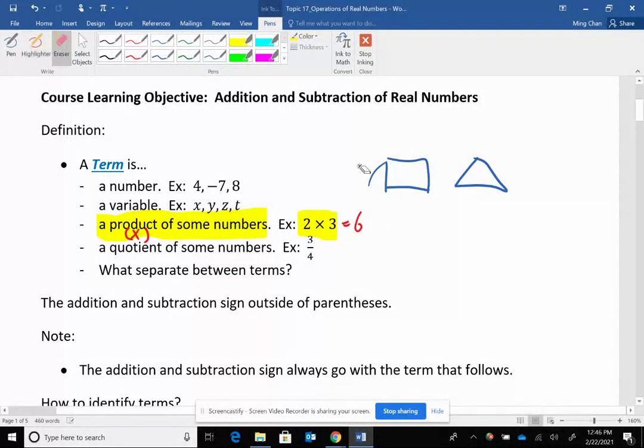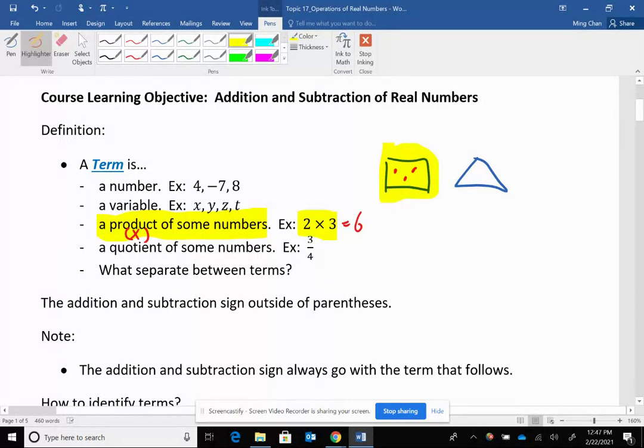For example, take a look at my rectangle here. A rectangle is one object. On the inside of it, I'm going to have three different dots. Three different dots by themselves are like three objects. I can say dots, I can say circles. But when I put these three dots inside this one rectangle, the moment I pick up this rectangle that has three dots inside of it, this whole thing becomes one term, one object.